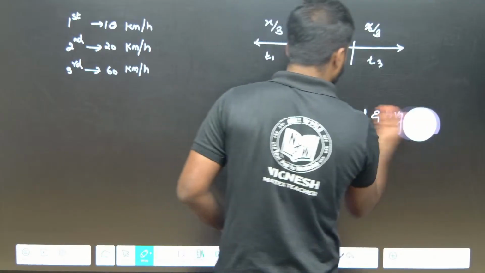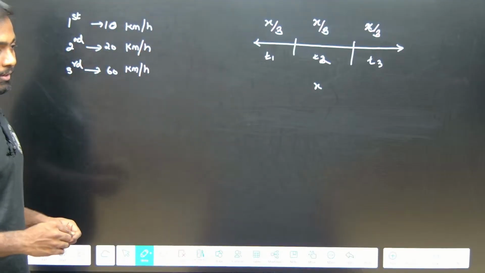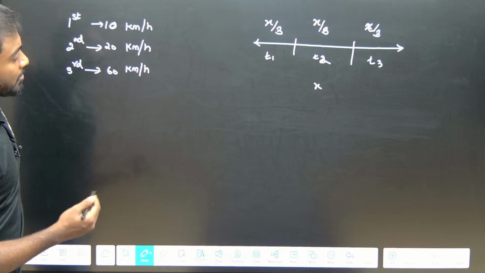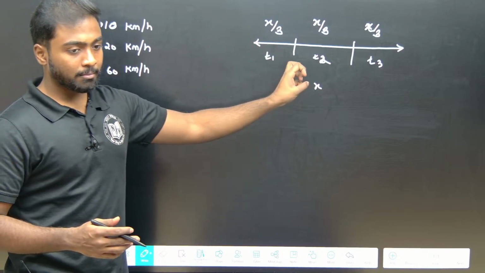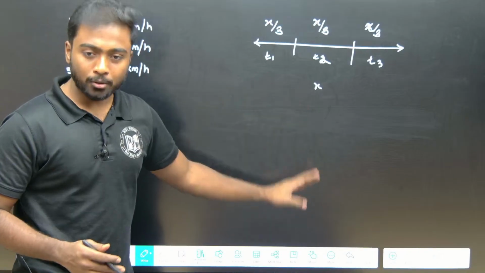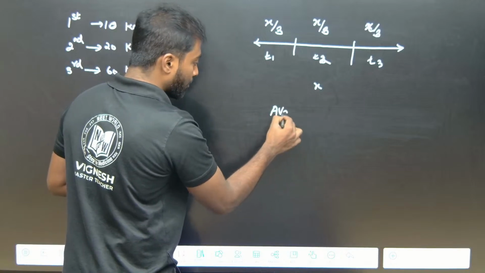In this question they have asked for average speed. Average speed means the sum of distance divided by the sum of time taken, that is, total distance by total time taken. That is the formula we know.